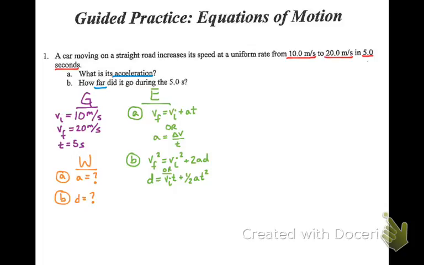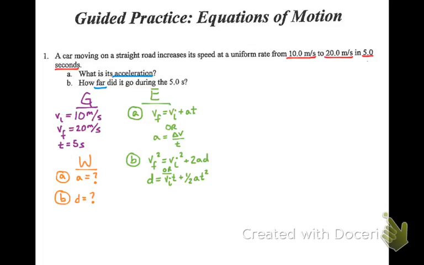You can use either one. And many of you might be thinking, okay, well, I don't have acceleration. No, you're right. We don't have acceleration. It's not what was given to us. However, for part A, that is in fact what we're solving for. So we will have it by the time we solve for part B. So just be aware of that.